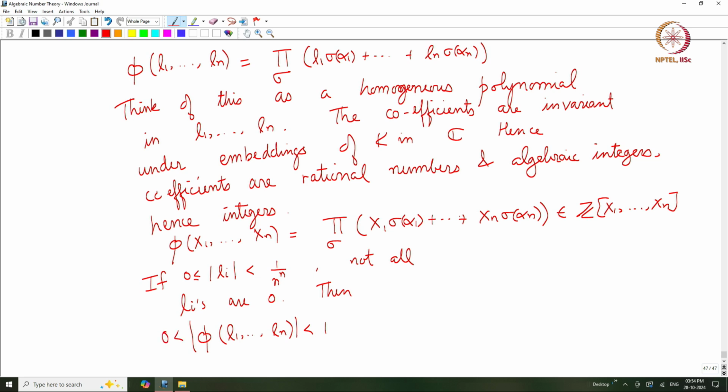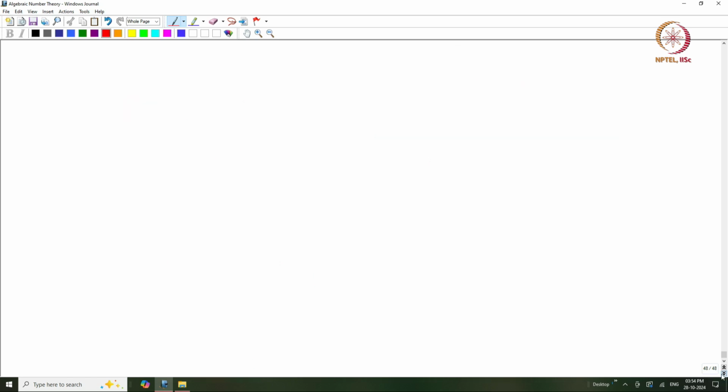Okay. So, hence it cannot be an integer. This means that if you take alpha to be L1 alpha 1 and so on up to Ln alpha n with mod of Li less than 1 by n to the n and not all Li 0, then alpha is not in OK.